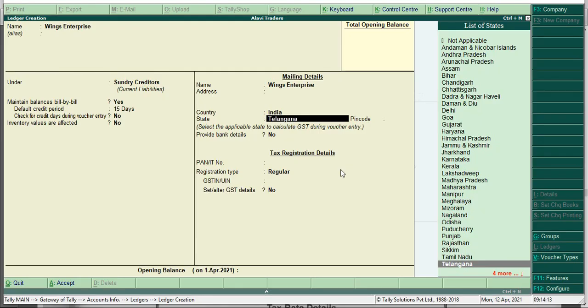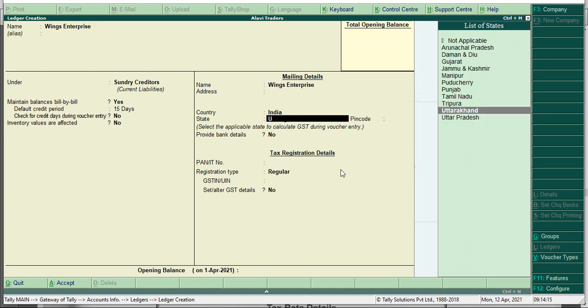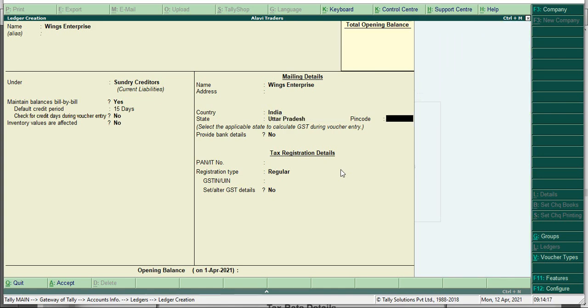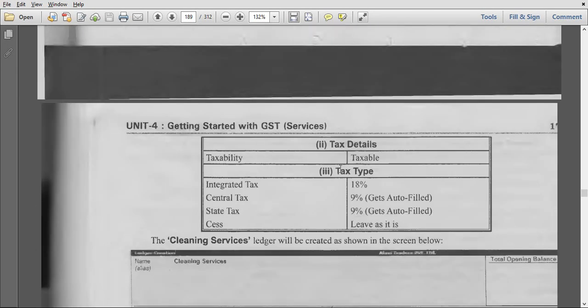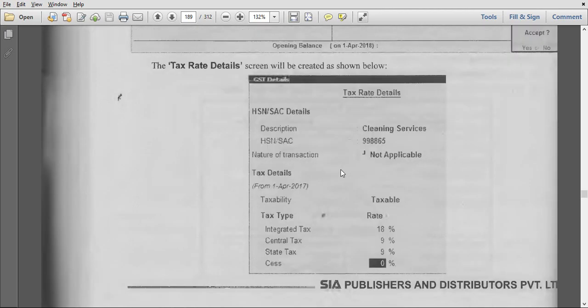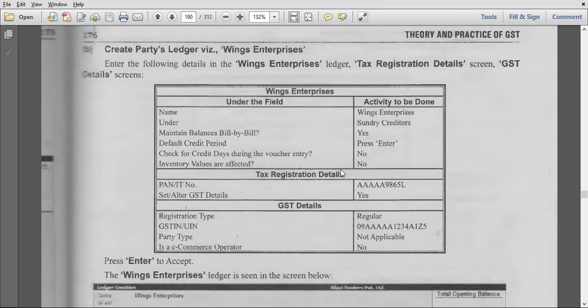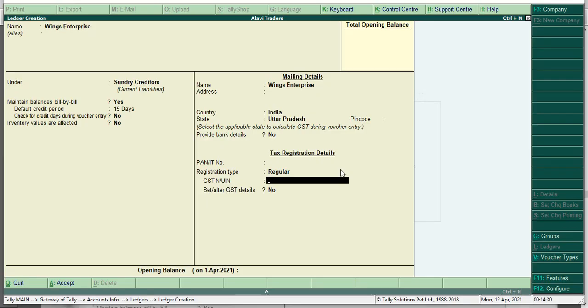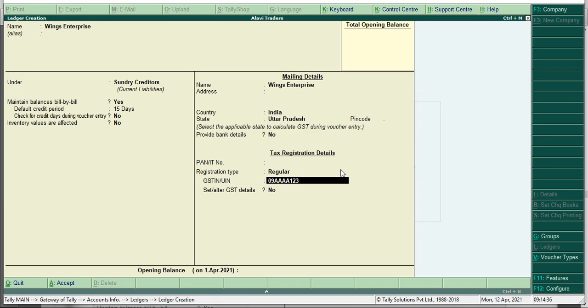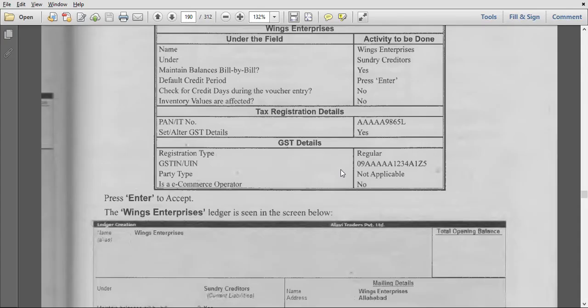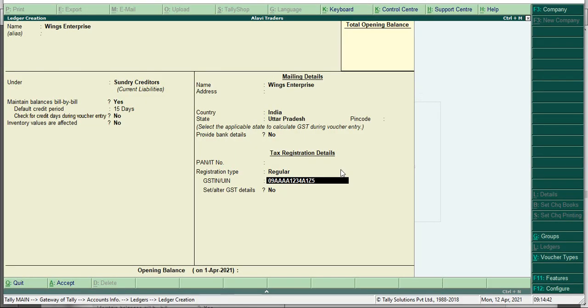Uttar Pradesh. The GST number will be, let's enter the number that was given. 09-4As 1234 A1Z5.